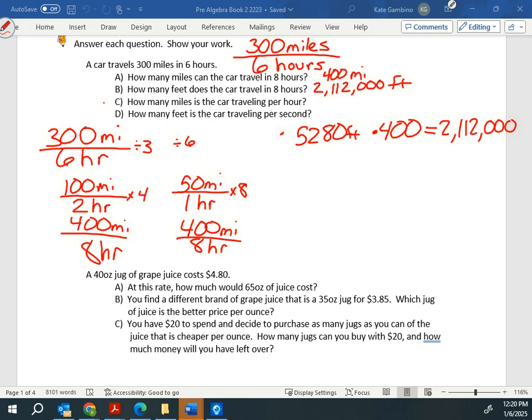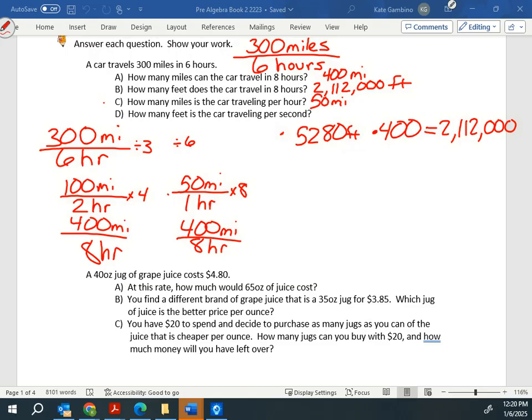How many miles is the car traveling per hour? Well, we should all have our hands up because I worked us through our unit rate. So I showed my work right here. So that work was showing how many miles is it traveling per hour, Vivi? 50 miles per hour.